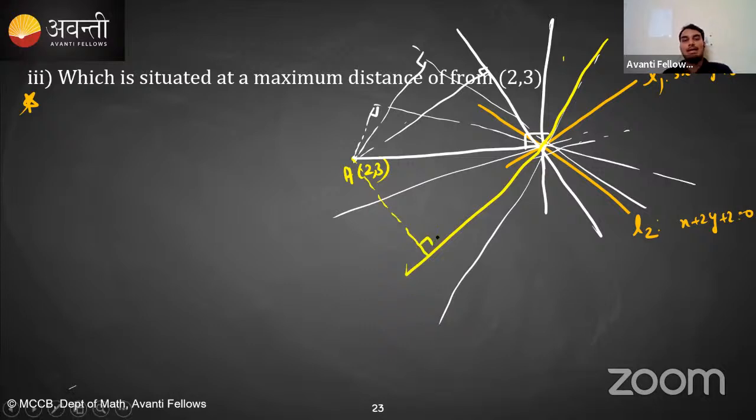Assume that this is your point and the line is like this.